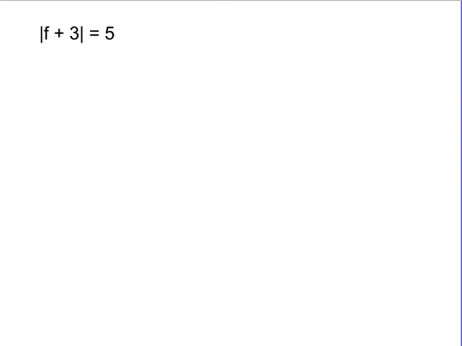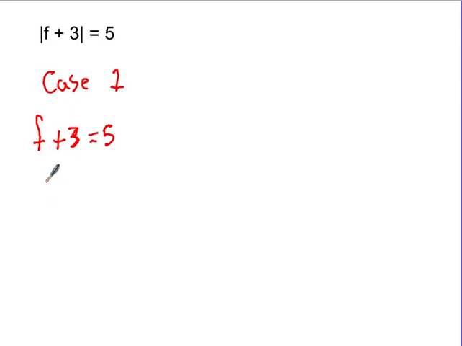Okay, f plus 3, and I think I changed the notes. Okay, so f plus 3 equals 5. So I've got to do two cases. Case 1 is f plus 3 equals 5. I just always start with the positive because everything stays the same.